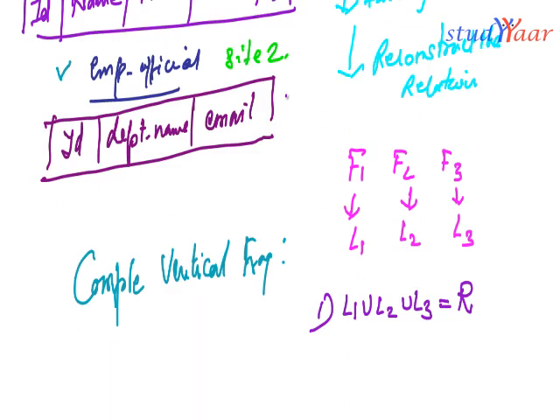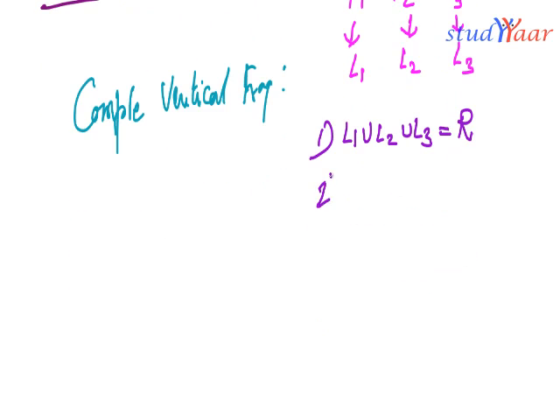So if my R is A comma B comma C, and let's suppose L1 is A comma B, L2 is B comma C, and L3 is C comma A, then you can see that the union of L1, L2 and L3 is A comma B comma C, which is my entire relation itself, R. Next condition is the intersection of any two attribute lists should be equal to the primary key of the relation.